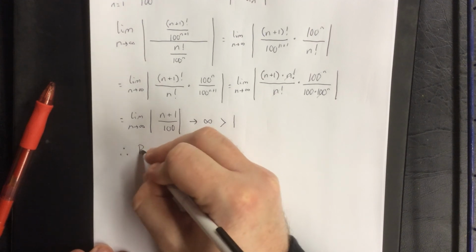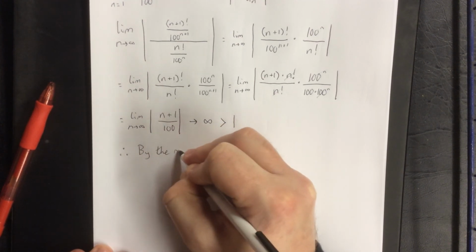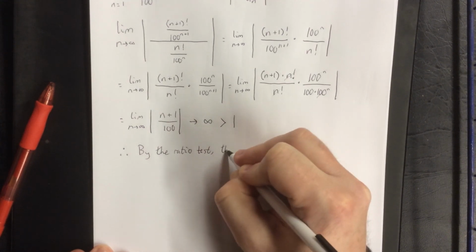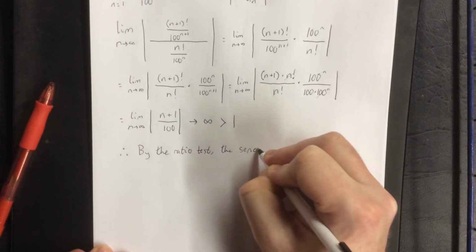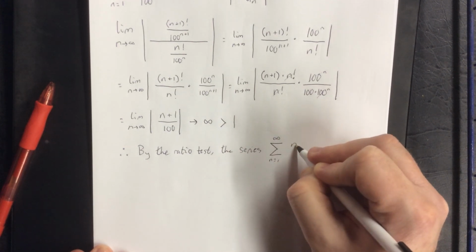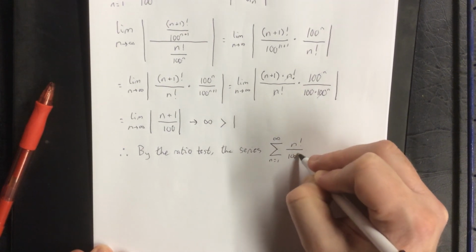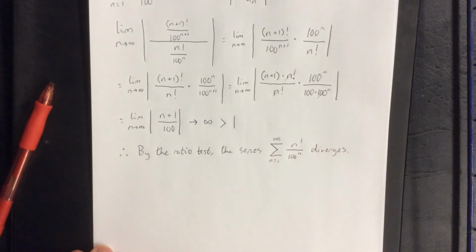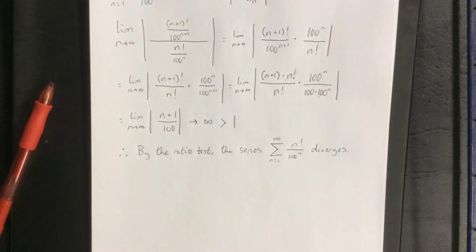So therefore, by the ratio test, the series sum n equals 1 to infinity of n factorial divided by 100 to the nth power diverges. Yeah, that'll teach infinity to be bigger than 1. Actually, maybe that'll teach 1 to be smaller than infinity.